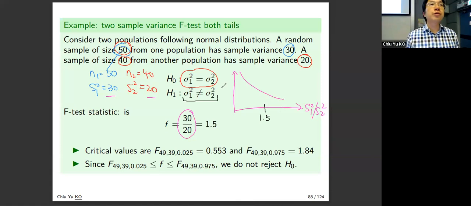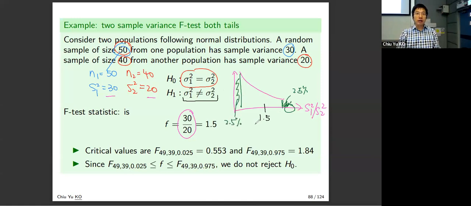It means that I want to split the 5% into both sides, right? So what I want is 2.5% here and 2.5% there, right? This is the critical value. I want to see if 1.5 is actually within or outside, right?